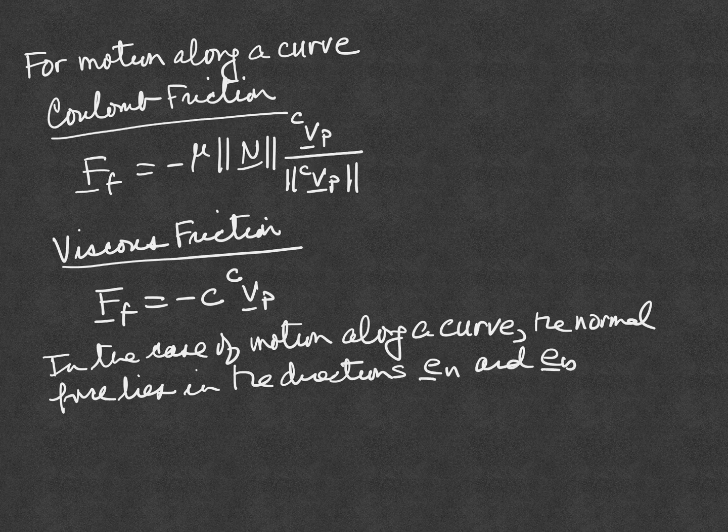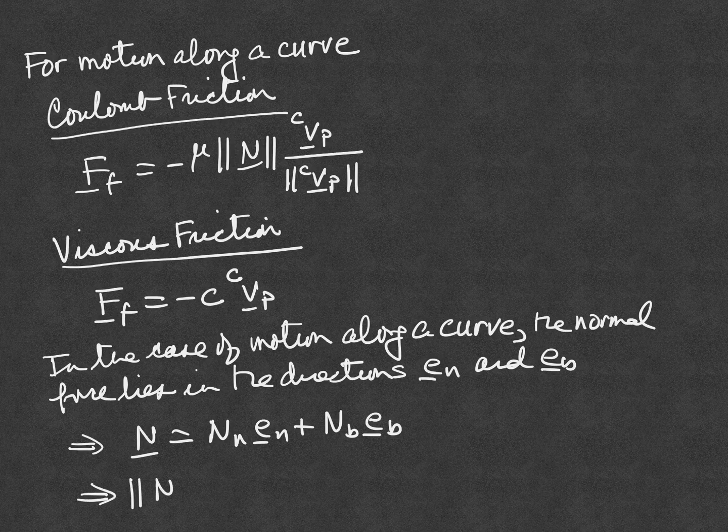What that means is that the normal force has two components, N_N E_N plus N_B E_B. So then in the case of Coulomb friction, that would imply that the magnitude of the normal force, which is used in the Coulomb friction model, is equal to the square root of N_N squared plus N_B squared.